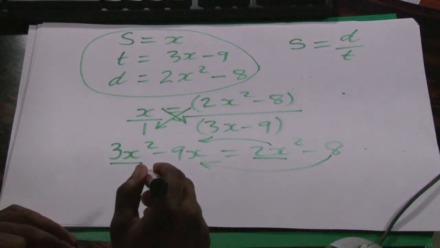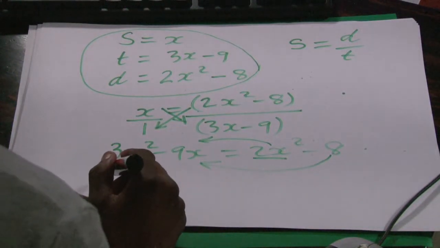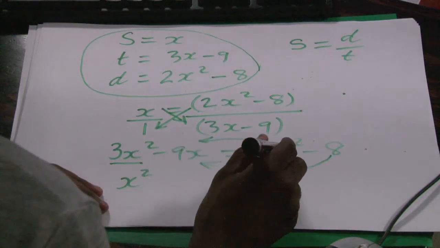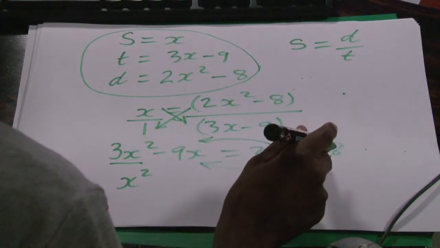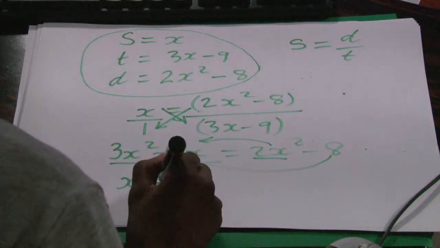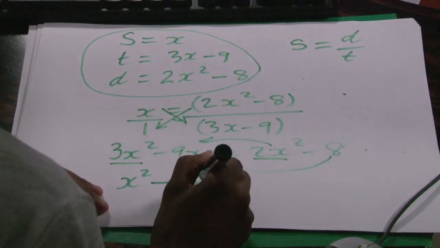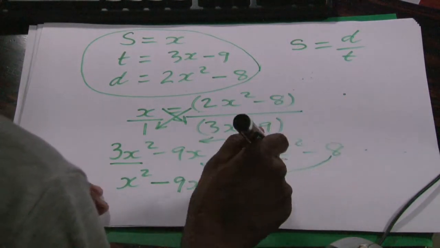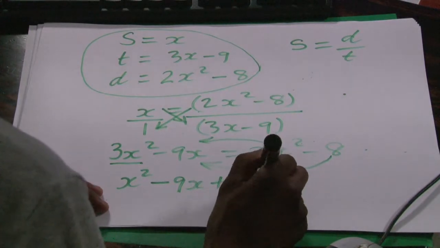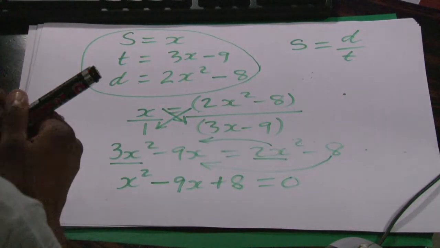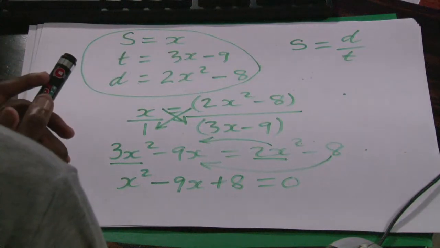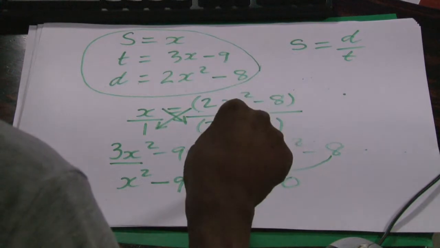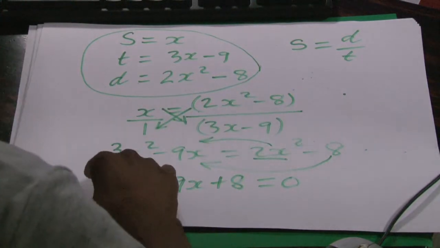That will give us just x squared, and then with the 8 there's no other like term, but then we have minus 9x. It doesn't also have a partner, so it's fine. Bring 8 to this side, becomes positive, and then equals to 0. So we have shown that the equation that we have written here simplifies to this. So that is good.